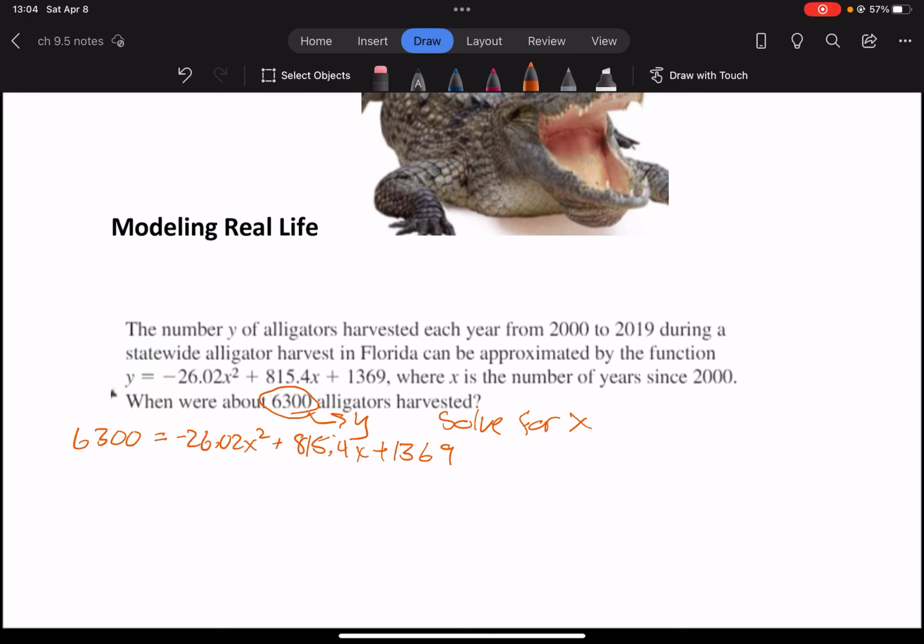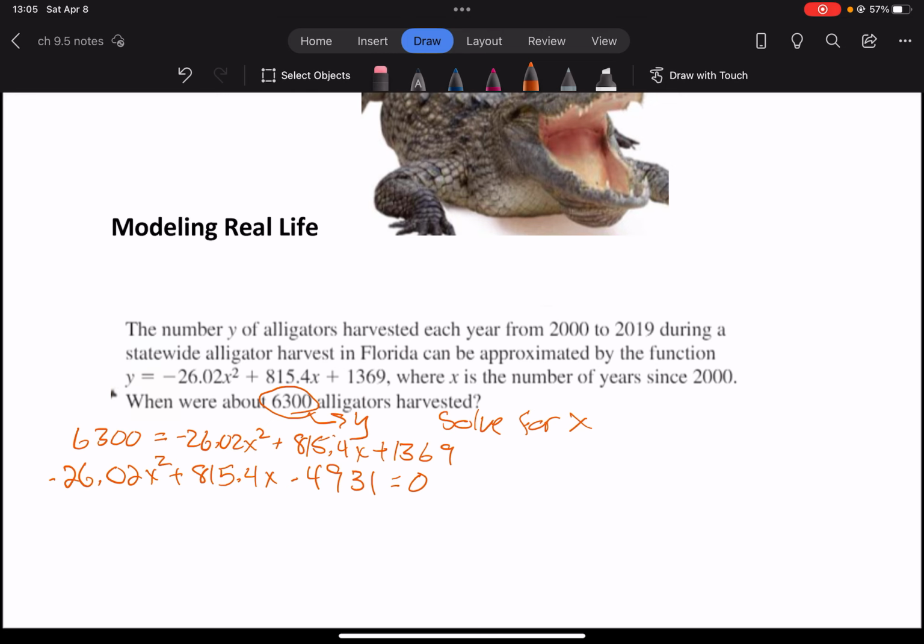And I'm going to flip the equation around. So I've got negative 26.02x squared plus 815.4x, and when I subtract 6,300 from both sides, and I subtract it from 1369, I get negative 4,931. Excuse me. And that equals 0.